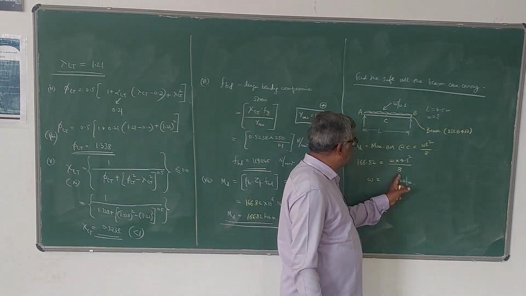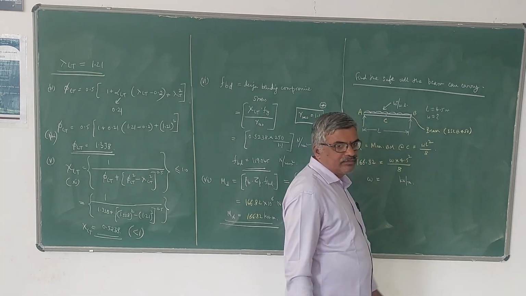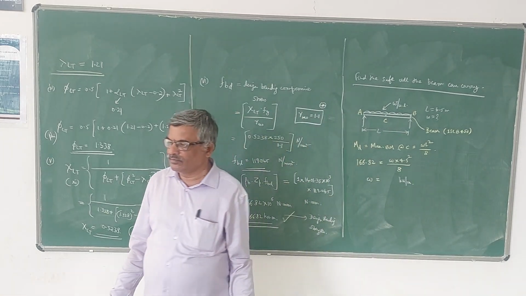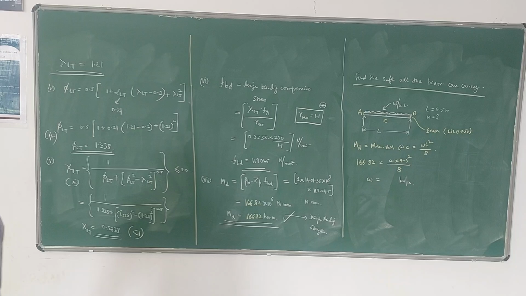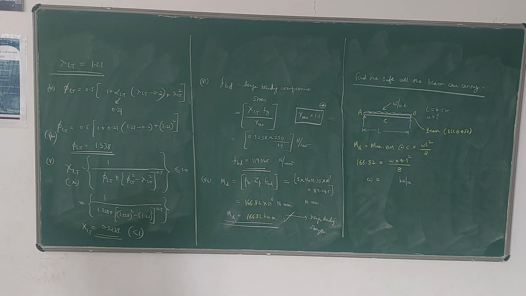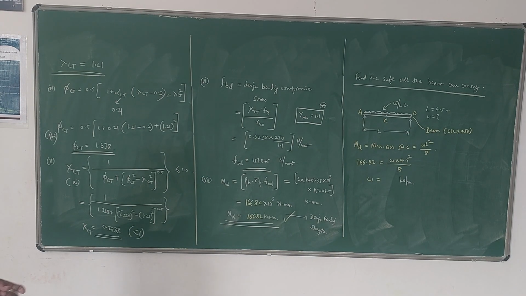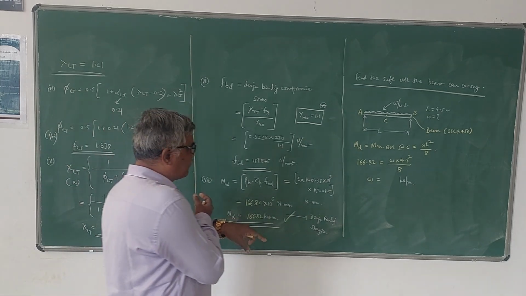W is 166.82 into 8 divided by 4.5 squared. What is the answer?